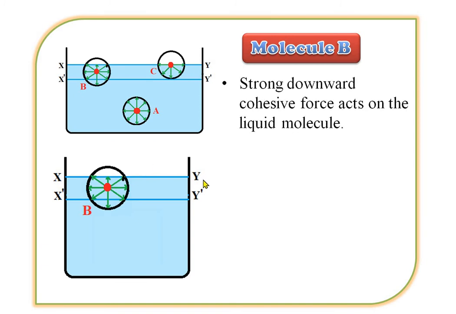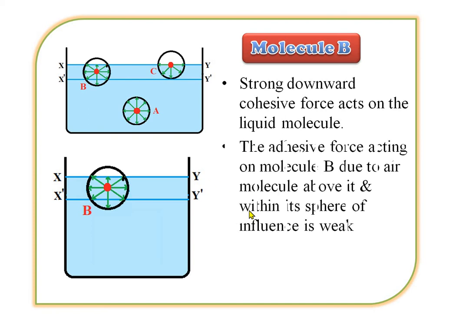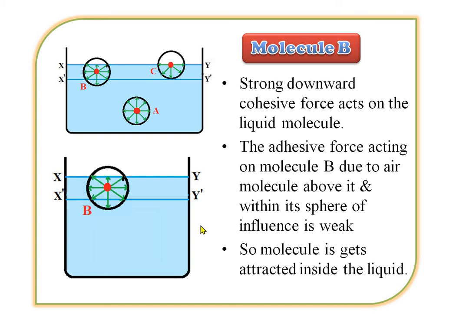So a strong downward cohesive force acts on the liquid molecule. The adhesive force acting on molecule B due to air molecules above it and within its sphere of influence is weak. So the molecule gets attracted inside the liquid.